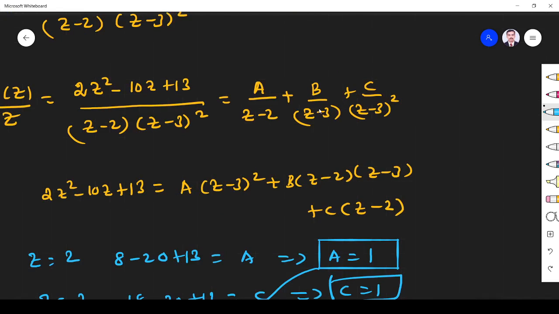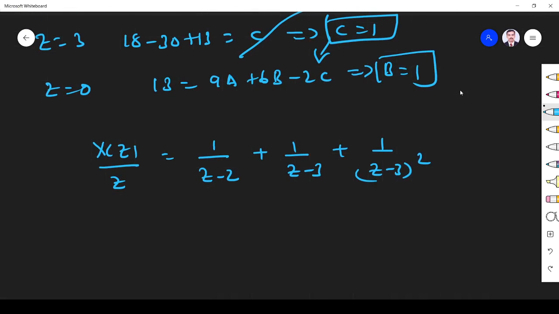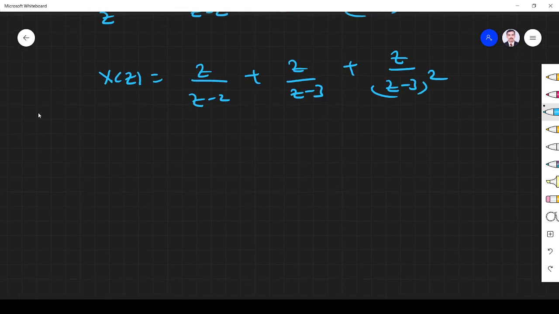Now I bring this z to this side because I have to find the inverse z transform of X of z only, not X of z by z. Again I bring this z here. So z by z minus 2 plus z by z minus 3 plus z by z minus 3 whole square, right? So now it is very easy to take the inverse z transform.